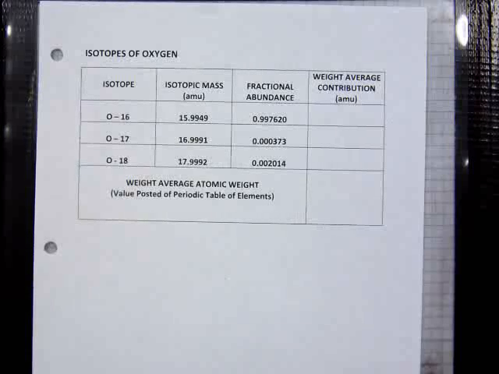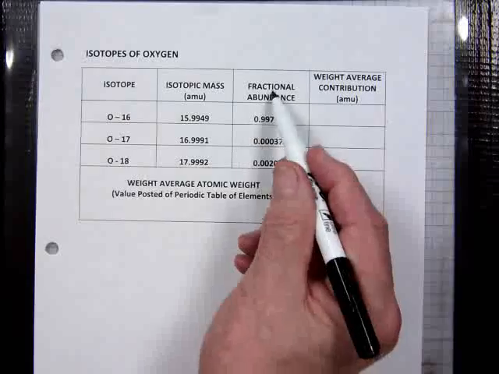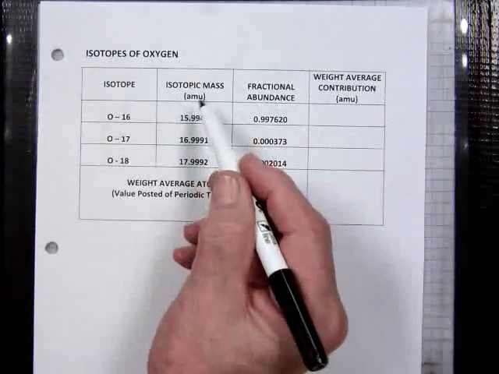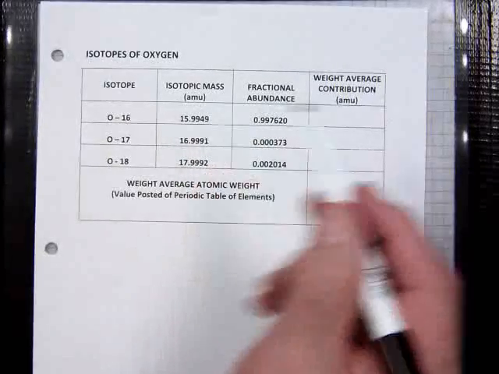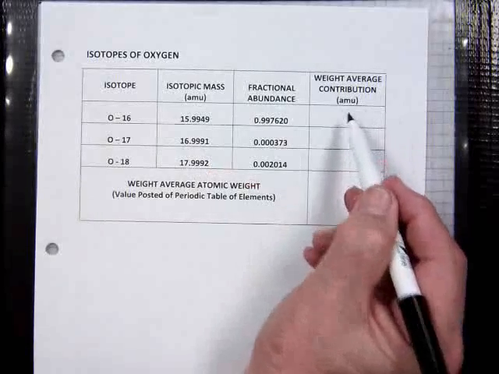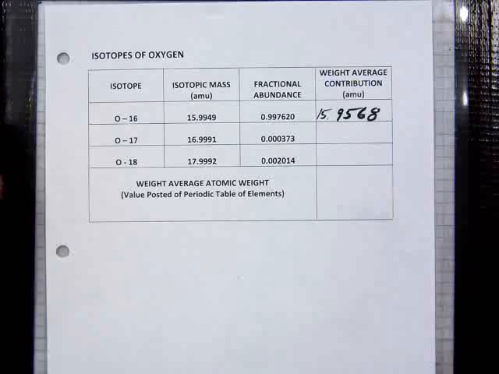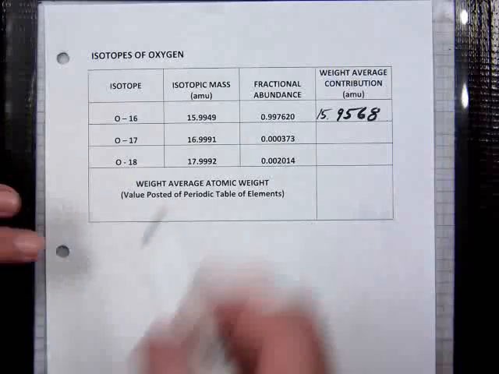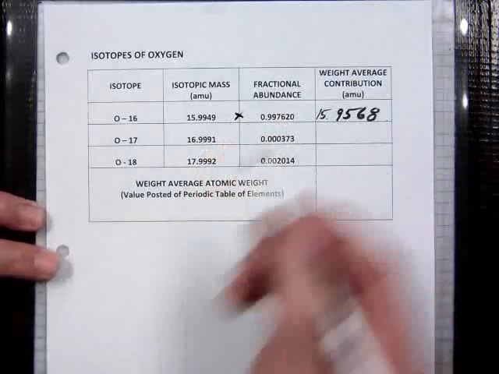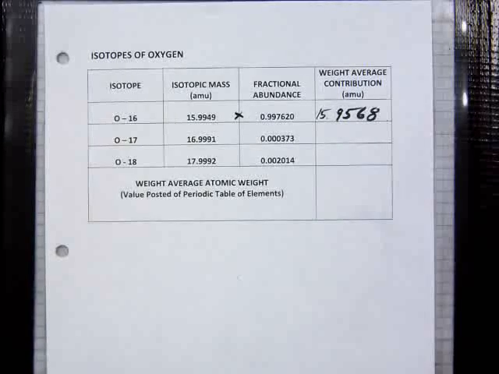Well, if we multiply fractional abundance times the isotopic mass, we get what we call the weight average contribution of each element. I get 15.9568. If somebody would back me up on that, I'd appreciate it. So what we did was we just simply multiplied the isotopic mass given times its fractional abundance.